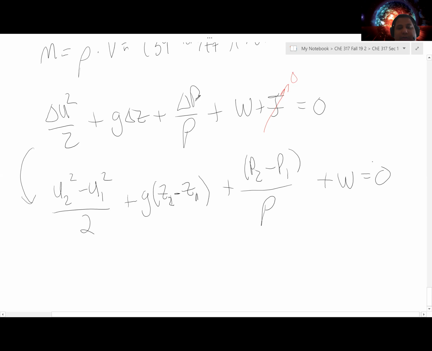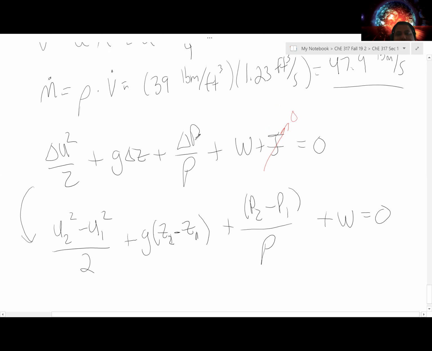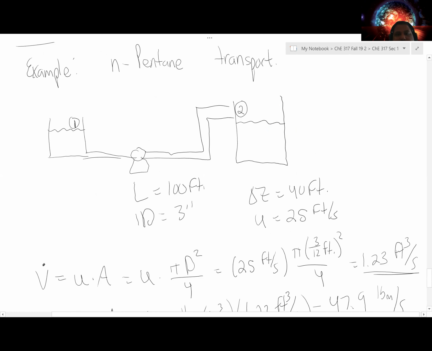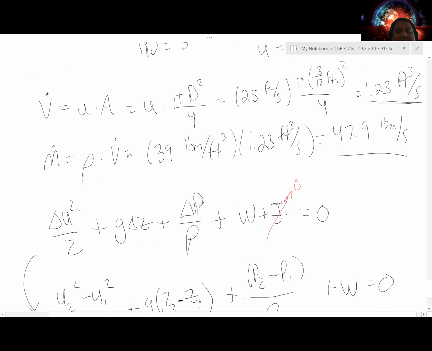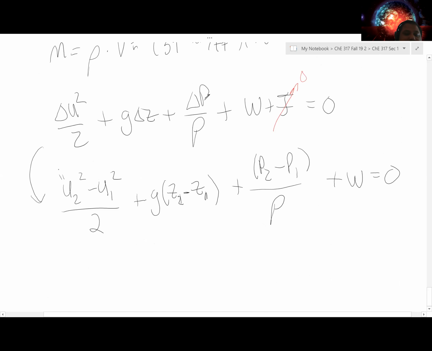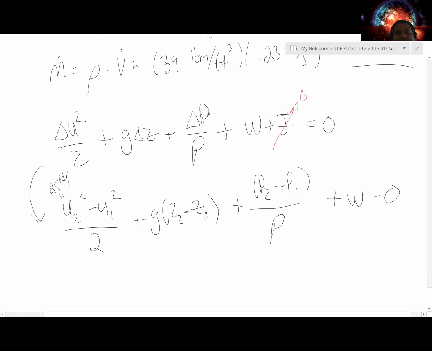So now I have (u2 squared minus u1 squared) over 2 plus g times (z2 minus z1) plus (p2 minus p1) over rho plus work is equal to 0. Well, now let's look at each term. U2 would be the fluid velocity as it is discharged into the storage tank. Now, that value is already given, and it's going to be the 25 feet per second because we know what velocity it's flowing at.